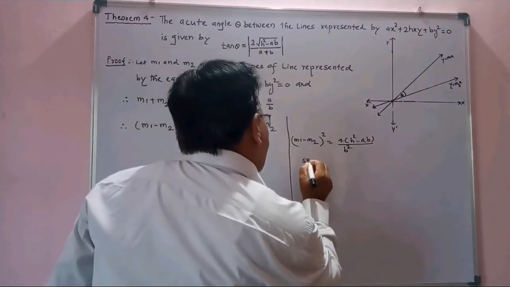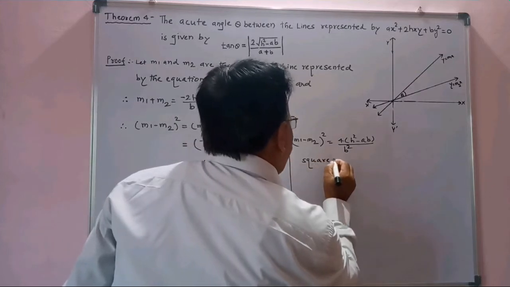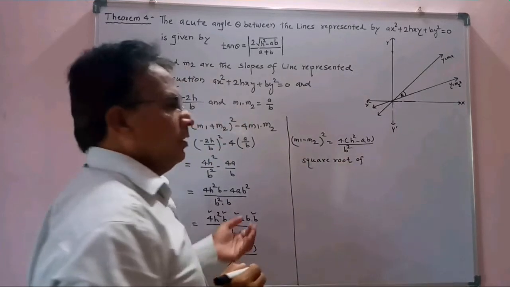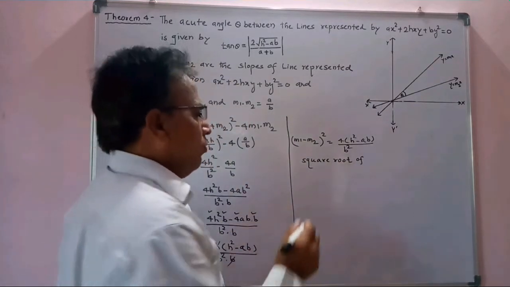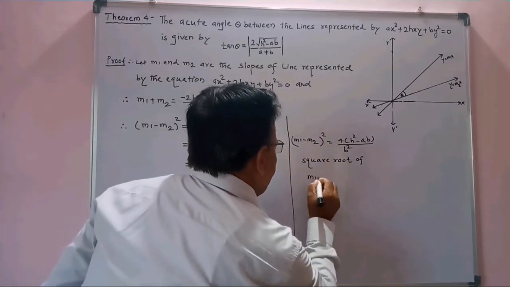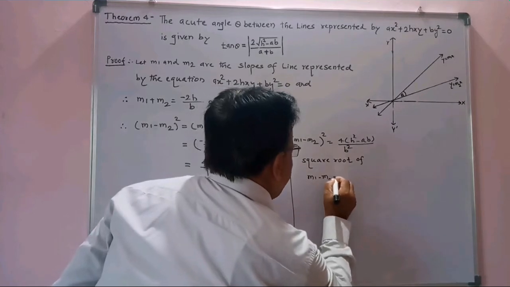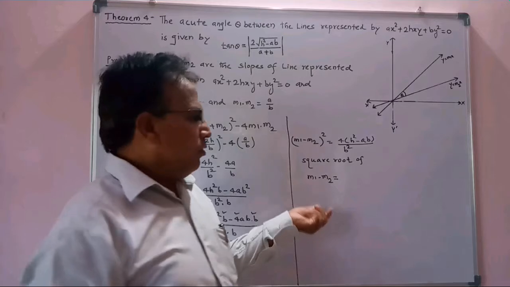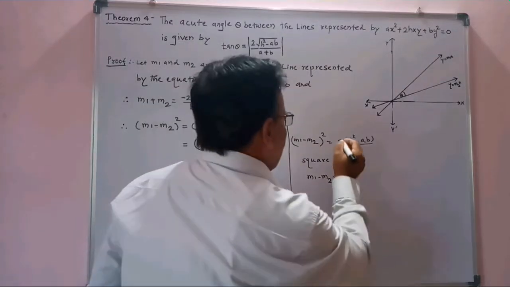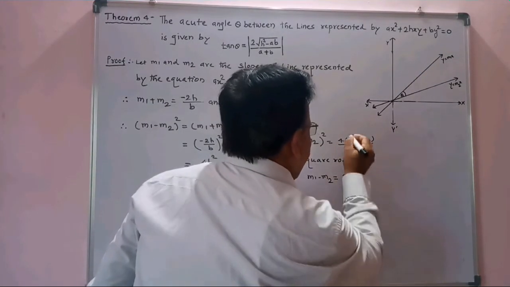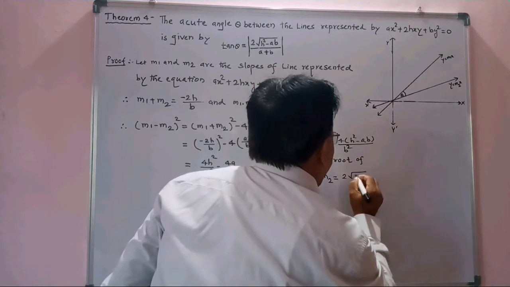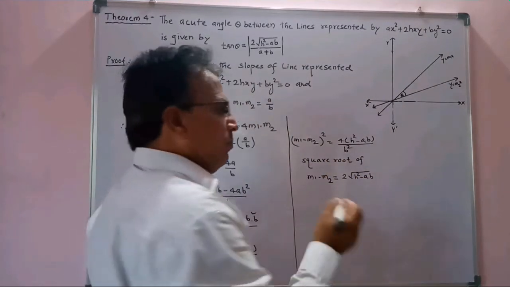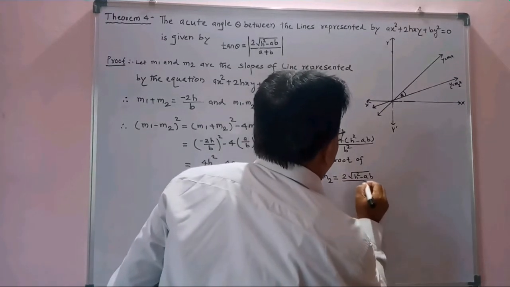Taking the square root, m1 minus m2 equal to the square root of 4, which is 2, and the square root of h square minus ab, divided by the square root of b square, which is b.